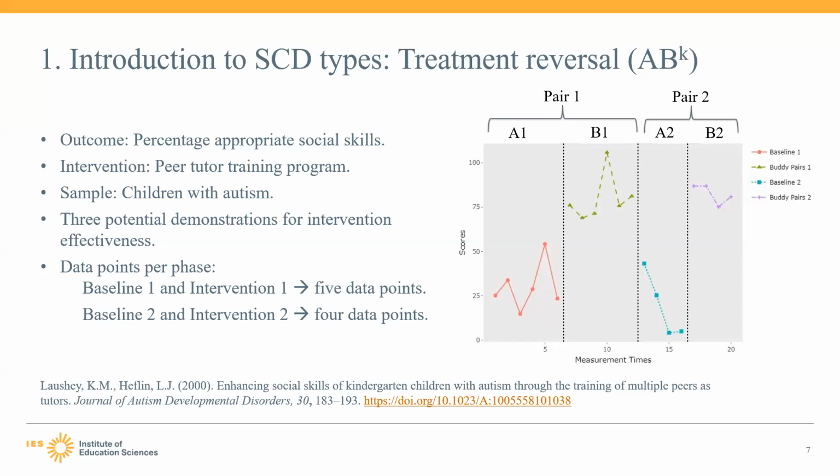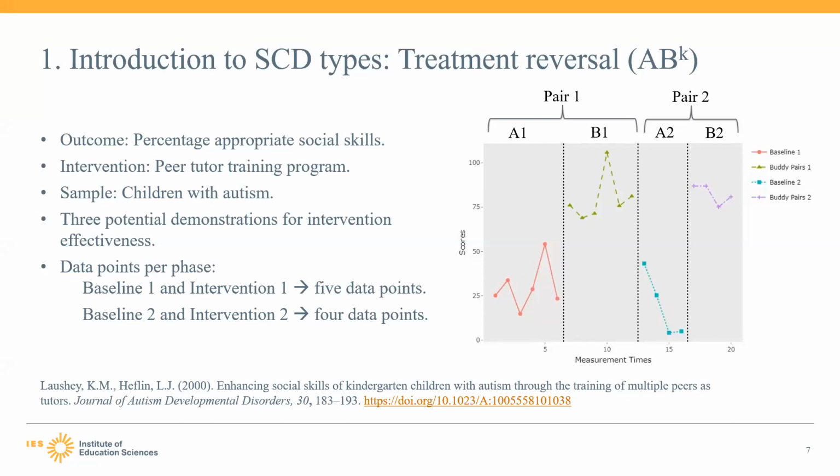More specifically, the pattern of outcome scores during baseline 1, A1, can be compared with the pattern of outcome scores during the first buddy pairs intervention condition, B1.